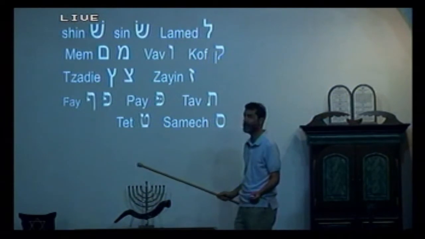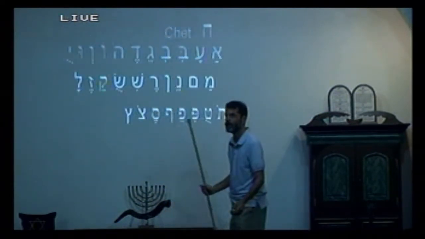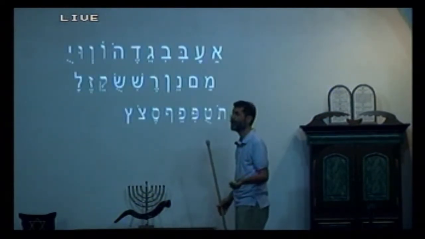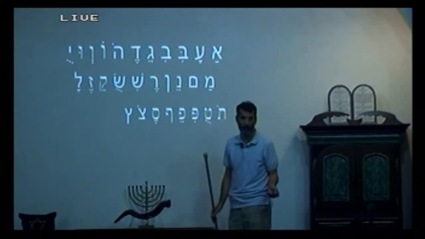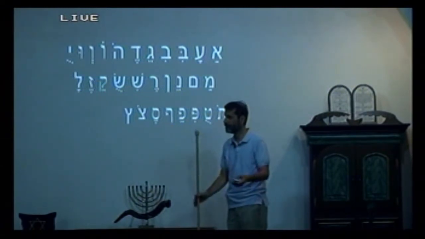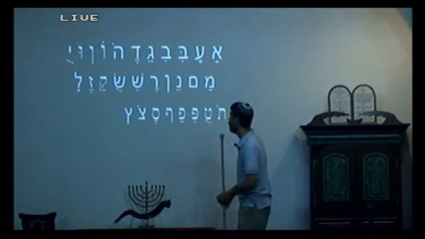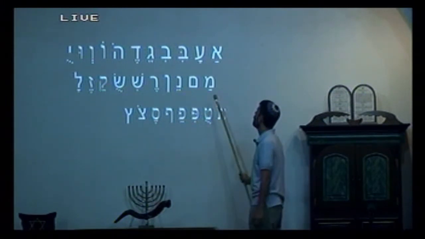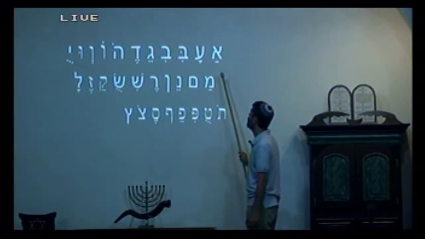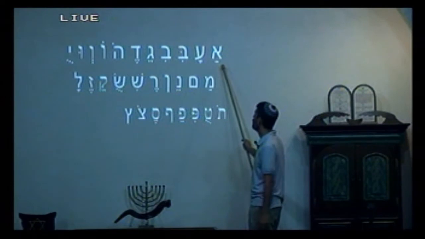And so here in lesson 16, this is our last lesson where we're going to learn our last letters. Then next lesson, we'll review all the letters, and then we'll review our vocabulary. Okay, so let's read these together.